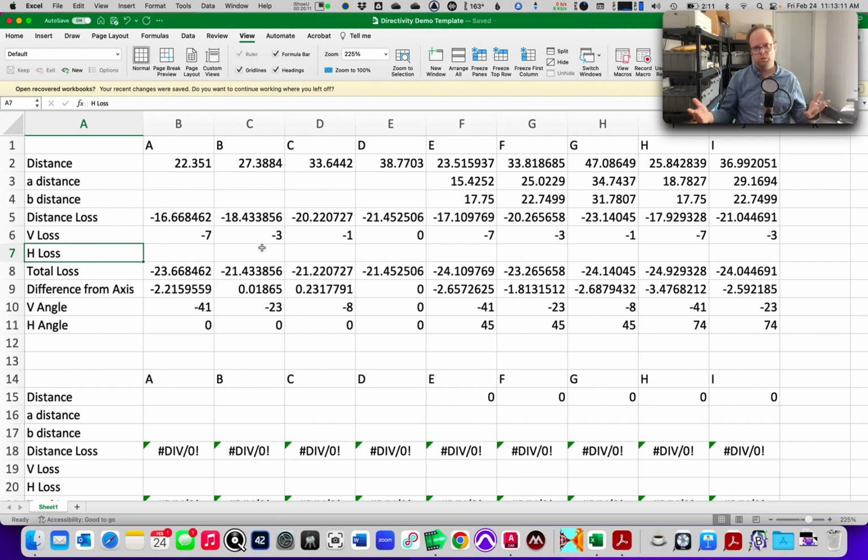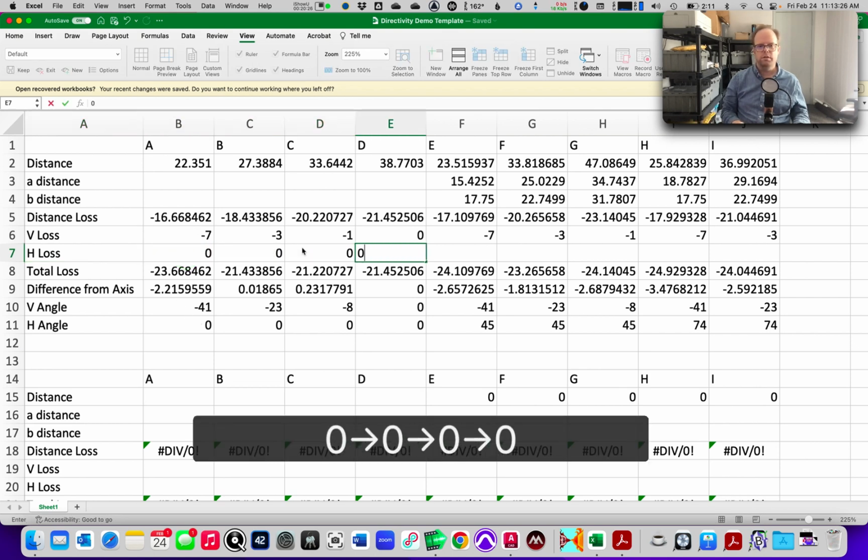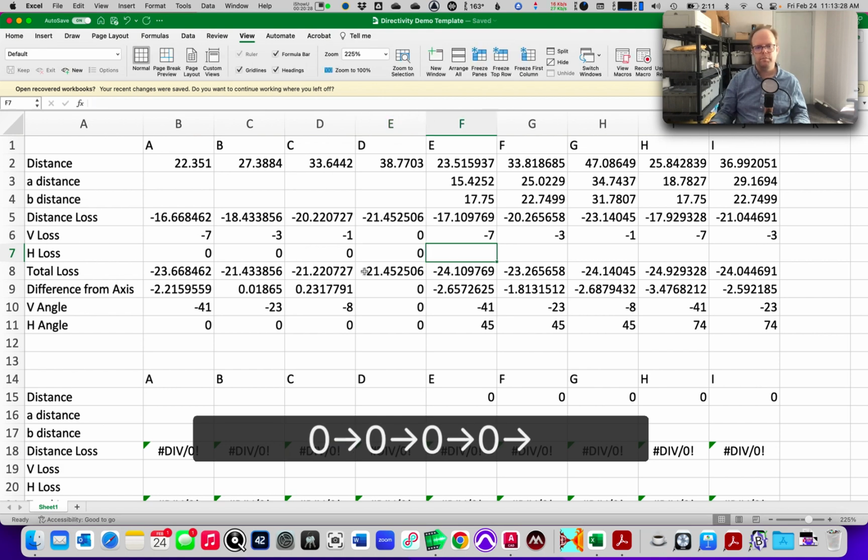But for this purpose, to keep it simple, we're just going to sum the vertical loss and horizontal loss. And in the back of our mind, we will know that it won't be quite that bad at those extreme off-angle points. So, okay, horizontal loss is going to be 0 for these seats because they're on center line, so they haven't gone off axis.